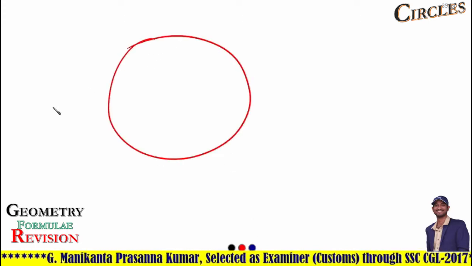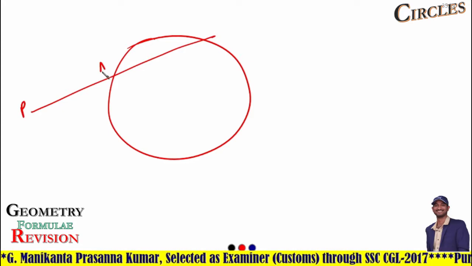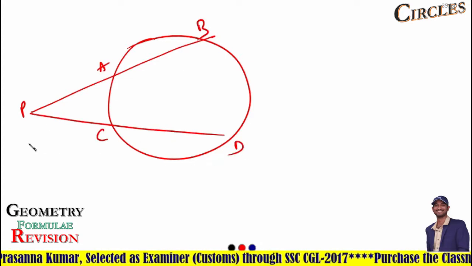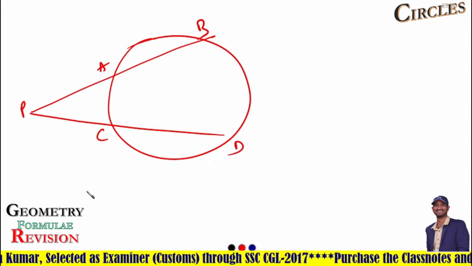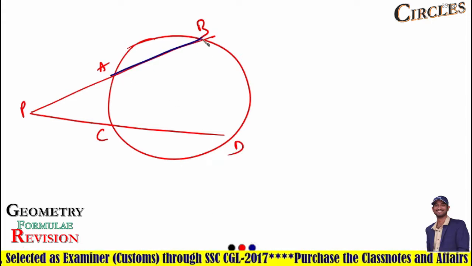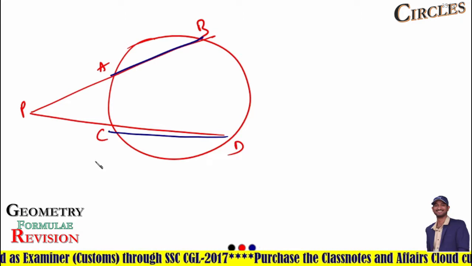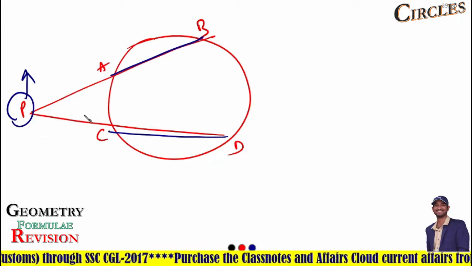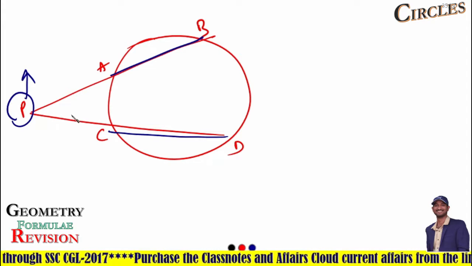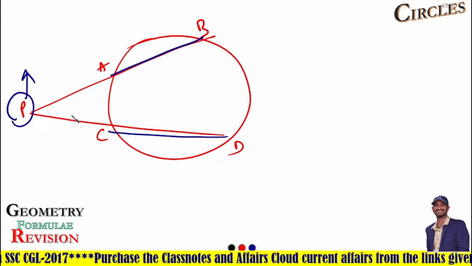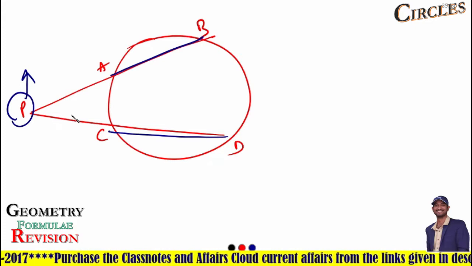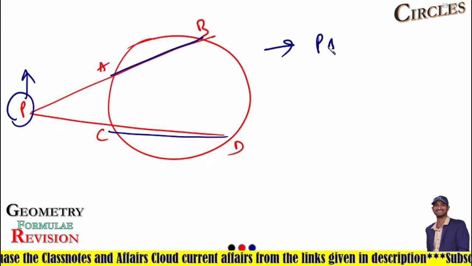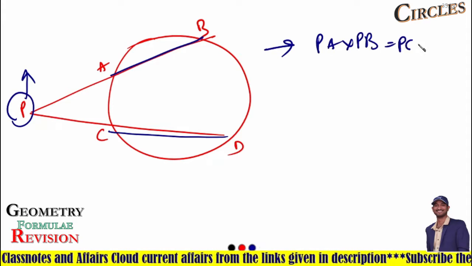Suppose PAB and PCD are two secants drawn from the external point P. We can also say BA and DC are two chords, and these two chords intersect at point P outside the circle. That's why two secants drawn from an external point are the same as externally intersecting chords. So what is the property we have here? PA into PB equal to PC into PD.